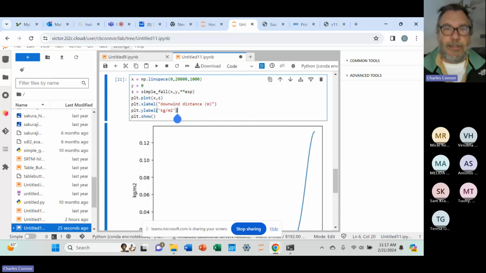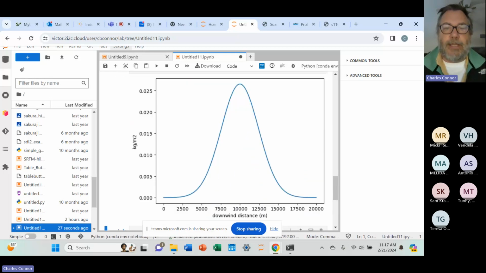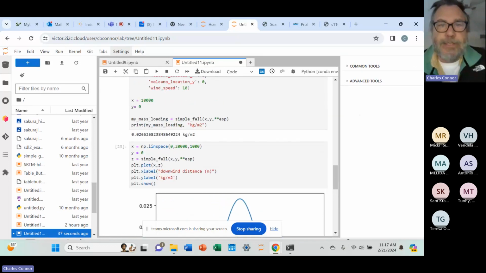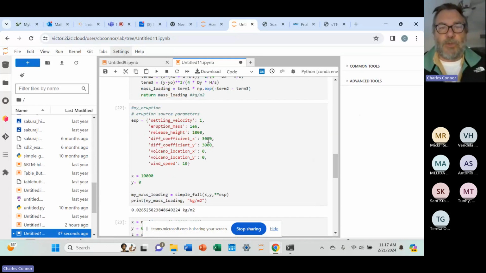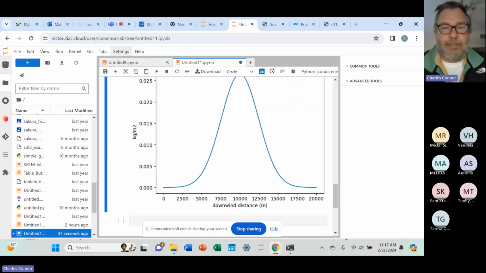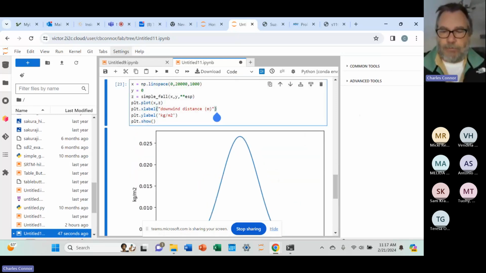I'm going to run that, and then run my curve again, and I get a broader peak in tephra deposition, 1,000 at 10,000 meters, right? So this diffusion coefficient is part of what's controlling the shape of this curve.